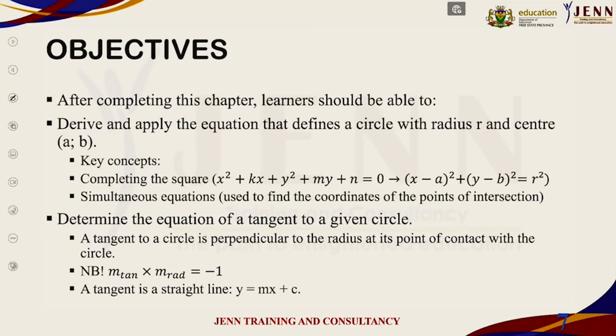Simultaneous equations. In this topic, analytical geometry, where are we going to use it? We are going to use it especially when we are required to find the point of intersection. What is happening in the point of intersection?